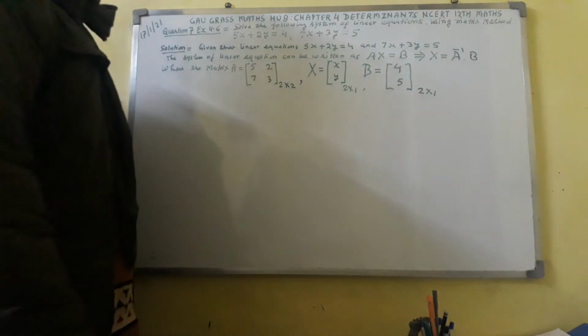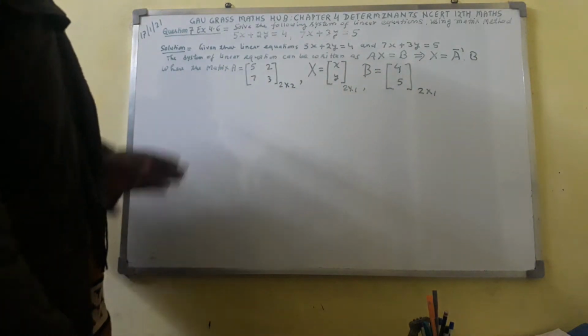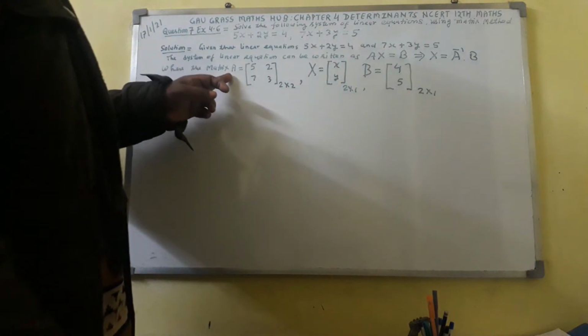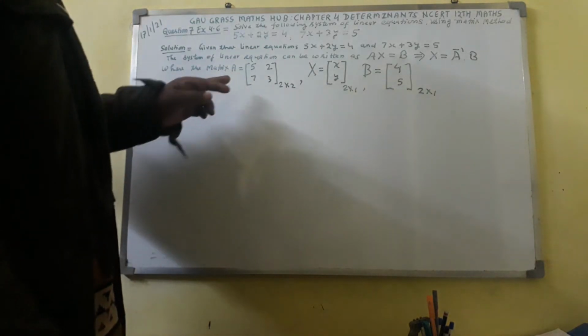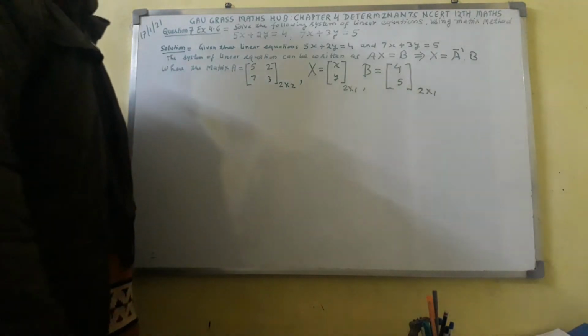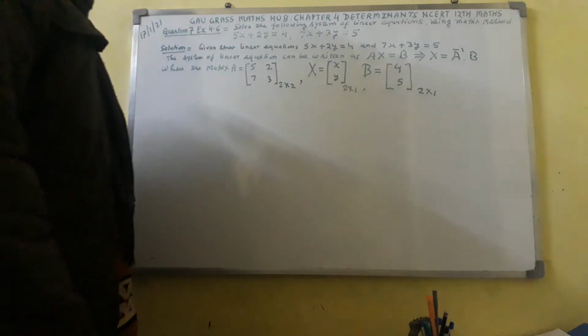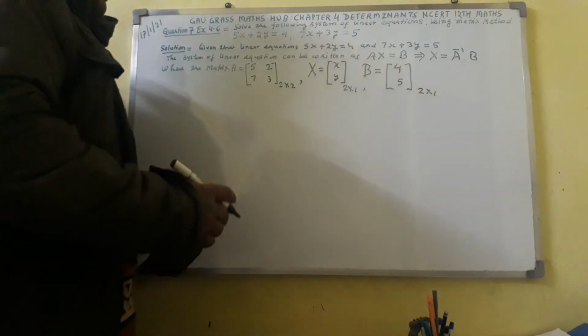What we'll do next? Next step is, this matrix A is of order 2 cross 2. This means that matrix A is the square matrix. So you can get determinant of matrix A easily.